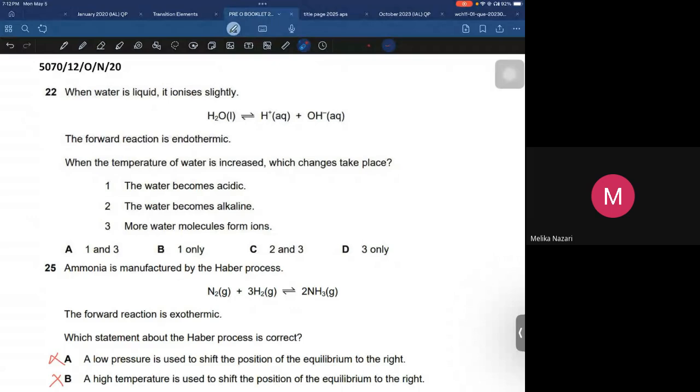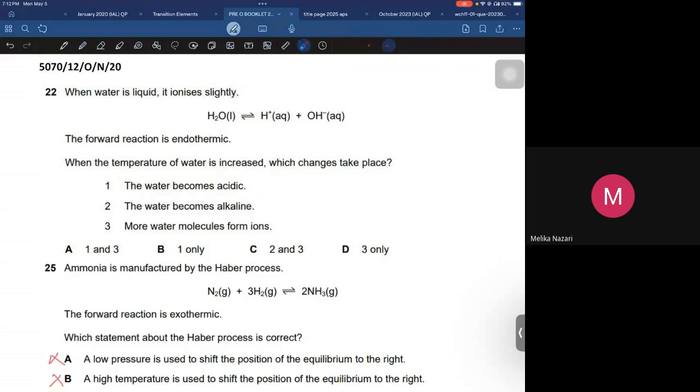You know, they are saying water becomes acidic. Acidic means that only this ion is going to increase, and alkaline means that only this ion is going to increase. No, this is not true, because both ions are going to increase.